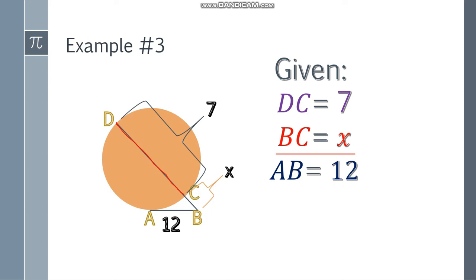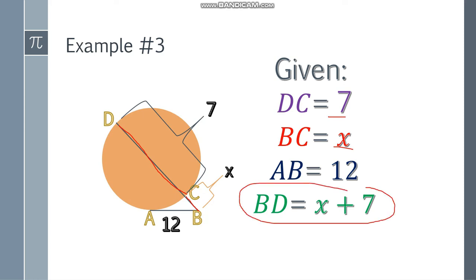But we have AB, that is 12. So how are we going to find that one? Remember, BD is just this part plus this part, DC plus CB. So we have X plus 7. So the whole value of the secant is X plus 7.